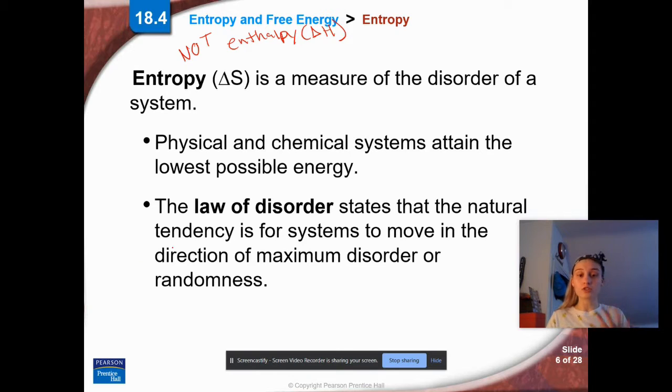So we have this law of disorder, and it states that usually systems tend to move in the direction of maximum randomness. We have physical and chemical systems that want low energy, but at the same time we have this law of disorder where our systems like to have craziness and randomness to help things progress.